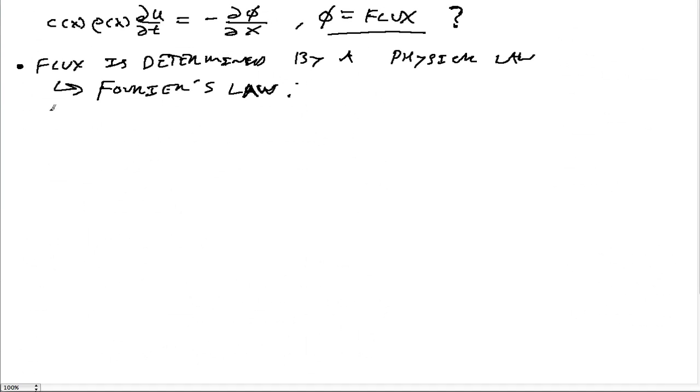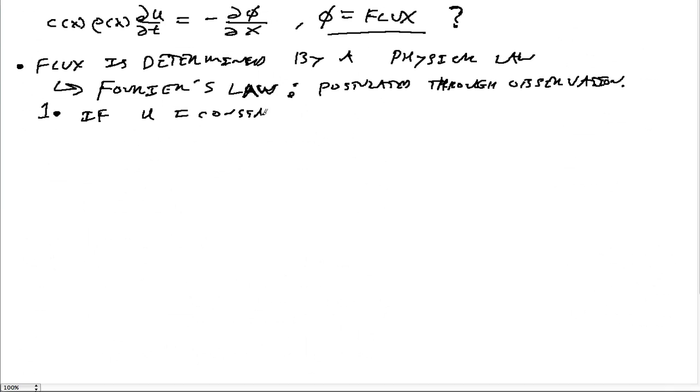Okay, so what is this law? We'll write down a few bullet points that are important. One is, and this was initially postulated through observation, that the first principle of the law is if u is constant in a spatial region, then we expect the flux to be 0, right?